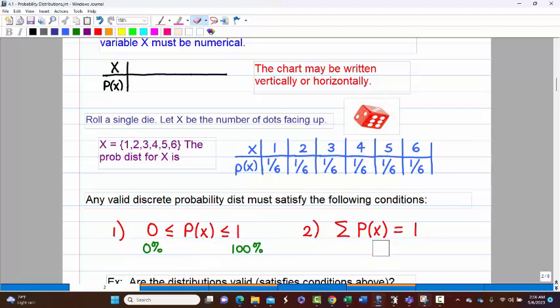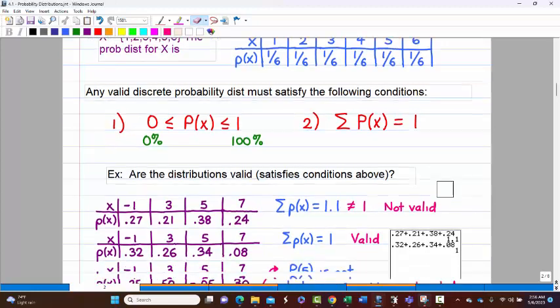But this one says the sum of the probabilities in your distribution must add up to exactly 1, meaning you've got a 100% chance that one of those is going to occur, like rolling a 1 or 2 or 3 or 4 or 5 or 6. So they have to add up to 1. Adding up to 1 doesn't mean it's right, but if they don't add up to 1, then you know it's wrong.